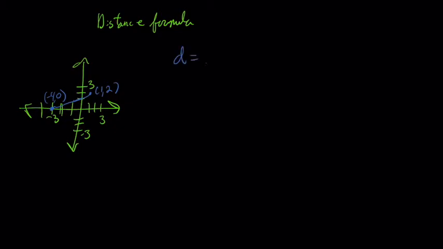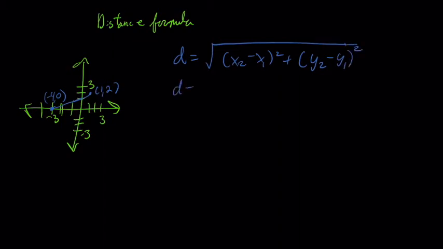So the distance is going to be the square root of x2 minus x1 squared plus y2 minus y1 squared. So let's solve this. I'm going to let negative 4 be my x1 and 0 be my y1, and x2 be 1 and y2 be 2. Now it doesn't matter which is my x1 and which is my x2, as long as you're consistent that your x2 is always paired with your y2.